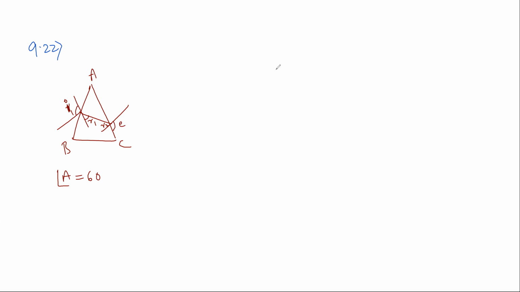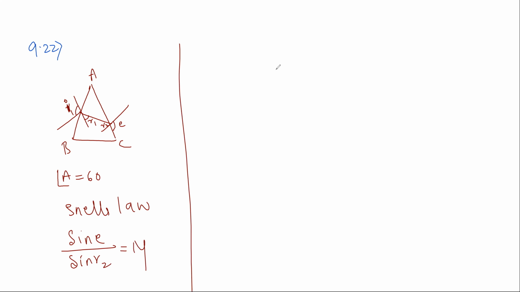Here I1 is the incident angle, R1 is the refracted angle, R2 is the angle of incidence at face AC, and the emergent angle is 90 degrees. So according to Snell's law, we write sin E divided by sin R2 is equal to mu.